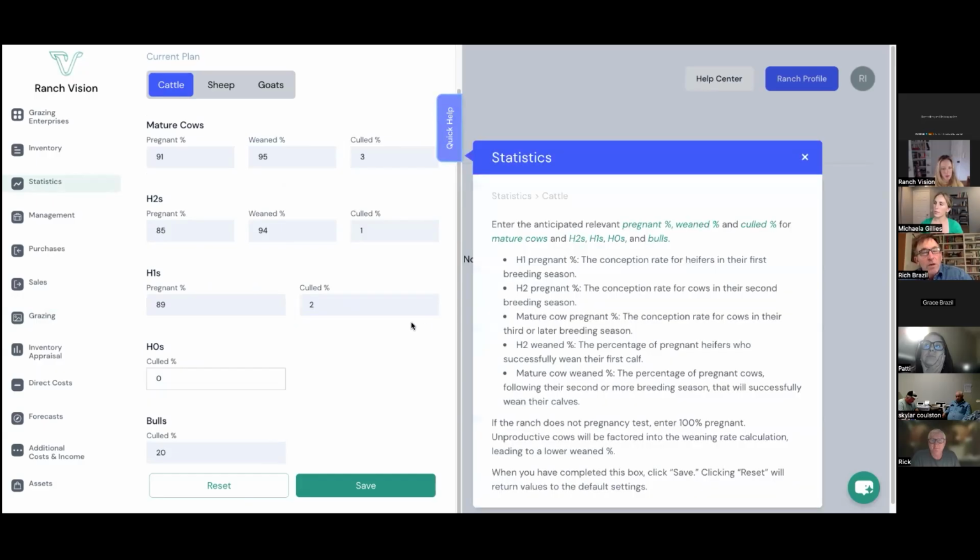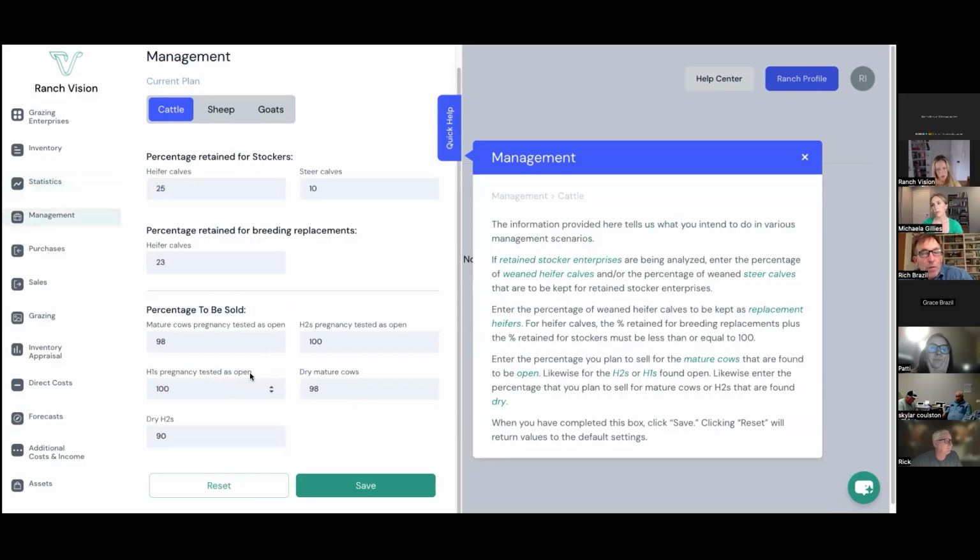So yes, well, that's good. Kind of what you're doing is deciding afterwards. So go back to the management page. This producer is saving 25% of his heifers for stockers, 23% for breeding animals. You're making that decision a little bit later, right?